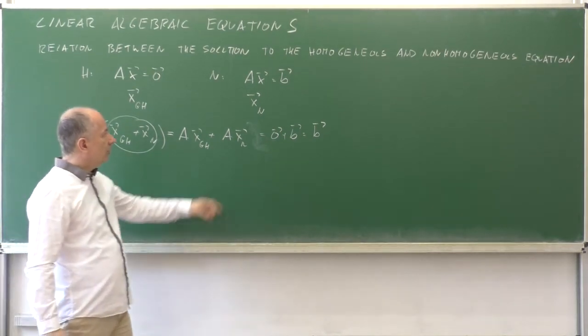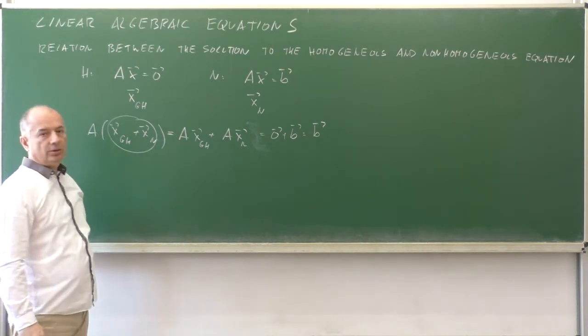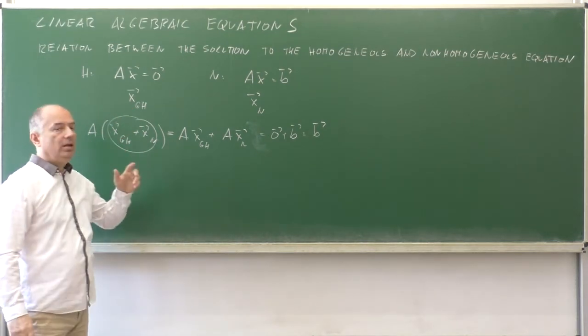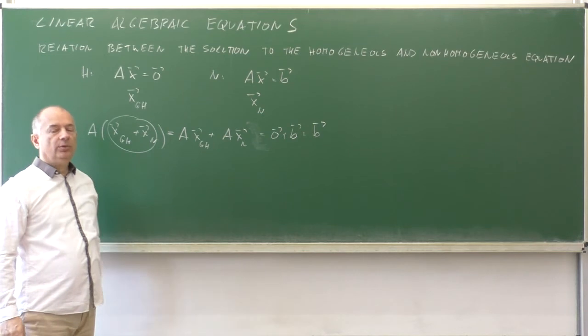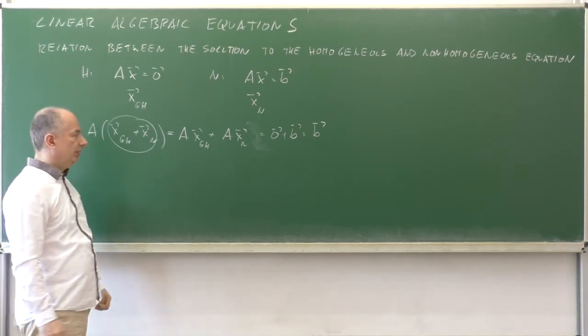And this is true for any solution to the non-homogeneous system and any solution to the homogeneous system. Their sum does solve the non-homogeneous system. So this is one important property.